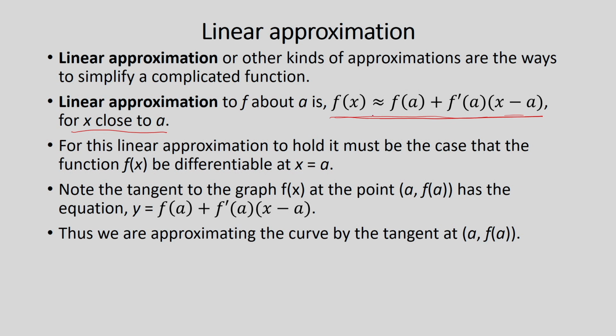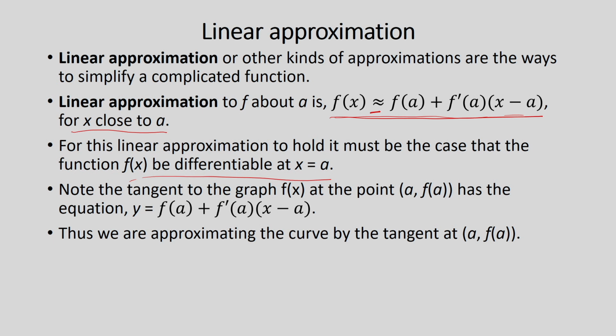And again, to make it clear, you have this approximately equal to sign, which means that it is not exactly equal to f of a plus f prime of a multiplied by x minus a, but it is very close to that value. For this linear approximation to hold, the function f(x) must be differentiable at x equal to a.